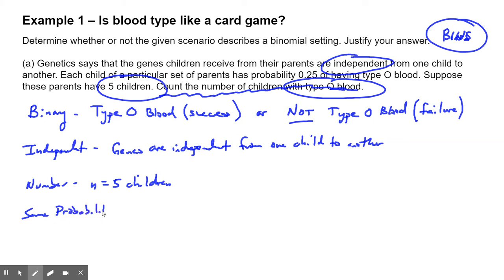It says each child of a particular set of parents has a probability of 0.25 of having type O blood. So that probability value p is 0.25. And as you can see, all four conditions are met. So yes, this is a binomial setting, and we could analyze it in that way.